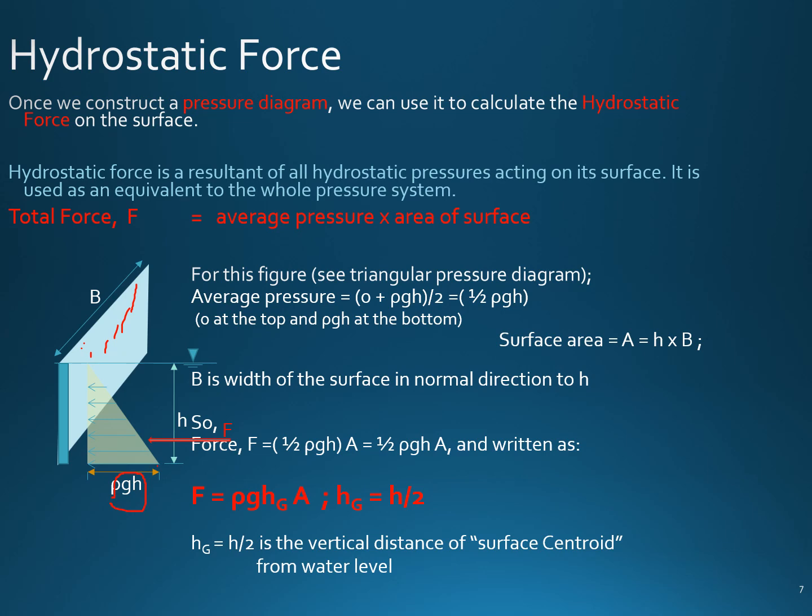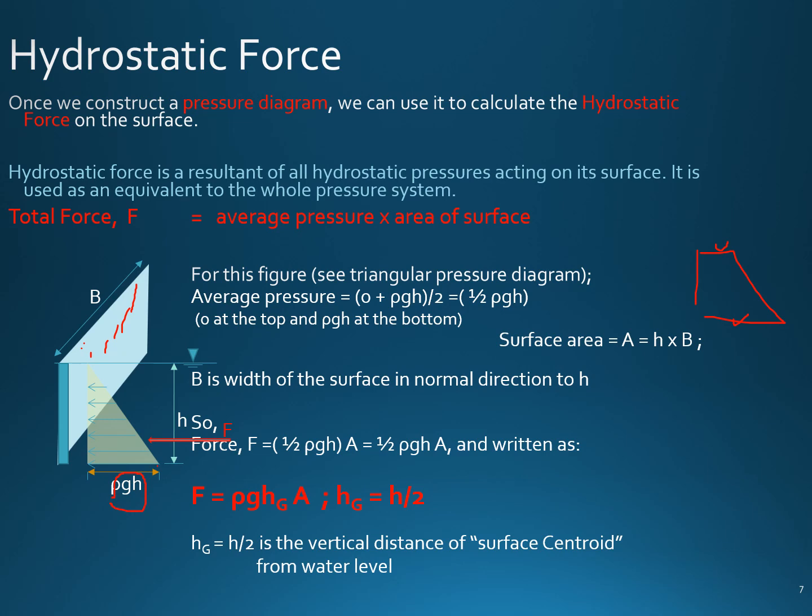If the pressure is not 0, as in the previous example, then we just use whatever the pressure at the top is. So rho g h1 plus rho g h2 divided by 2. So we just take the average. If the pressure diagram is like this, then we take the average of this and this value and so on. And in this example, the top is 0, so rho g h plus 0 divided by 2.